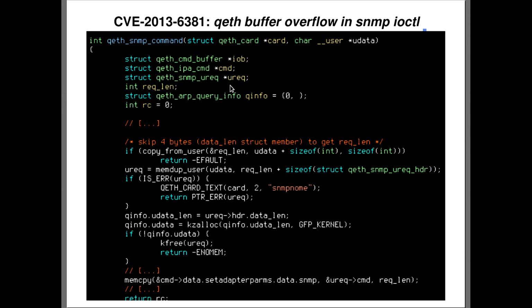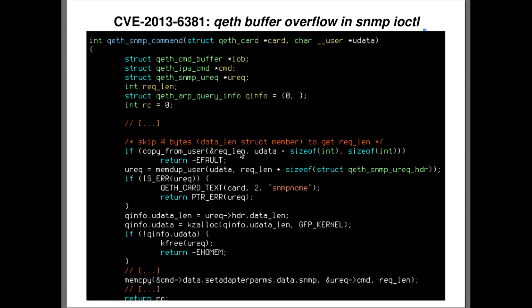Now here's one of them, just to show you what these kinds of bugs look like and what you can use this unsanitized step for. This is in an IOCTL handler of a QF, that's an Ethernet card. You see here a call to copy from user, which is being used to initialize the variable reclen, so request length.